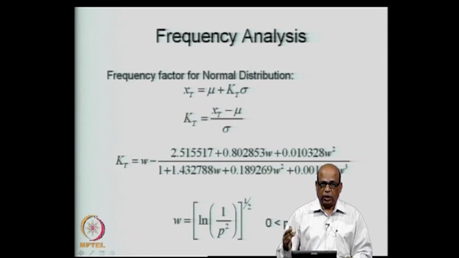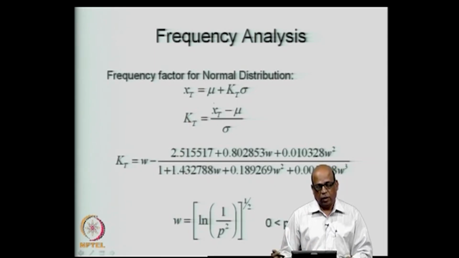That is the tables of standard normal deviate, the z tables corresponding to a particular T, because you know p, which is the probability of X being greater than or equal to X_T, is 1 by T. From that you can convert that into z, go to the z table, obtain the associated z value, that itself becomes K_T.